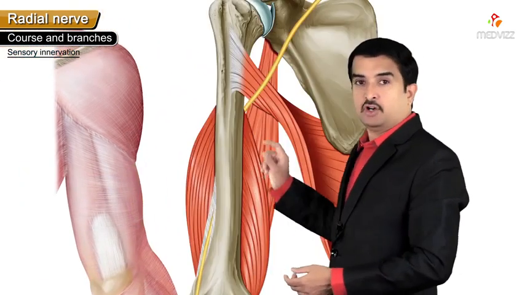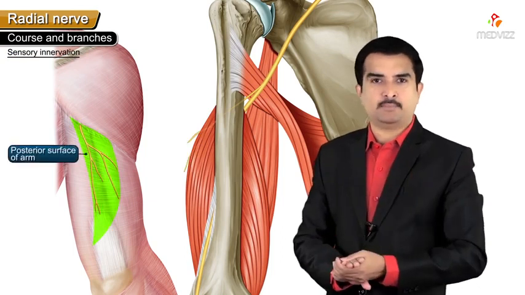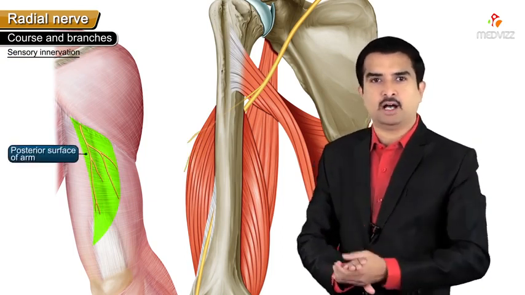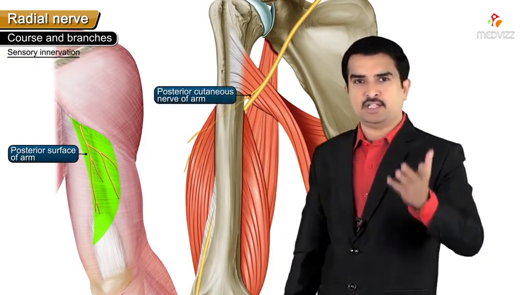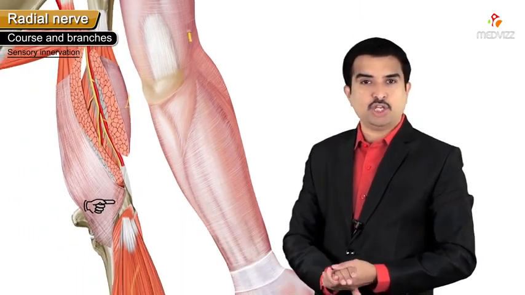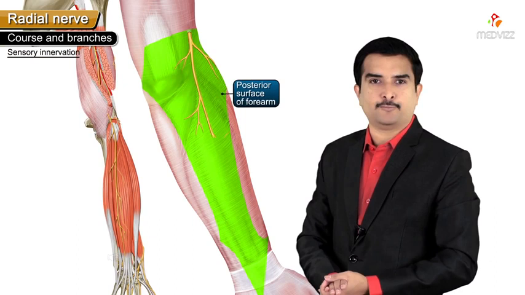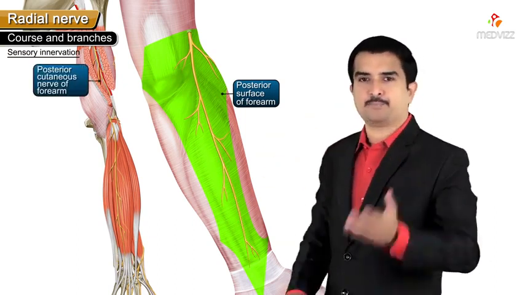It also gives off sensory innervation to the posterior surface of the arm by means of the posterior cutaneous nerve of the arm. It also gives sensory innervation to the posterior aspect of the forearm via the posterior cutaneous nerve of the forearm.